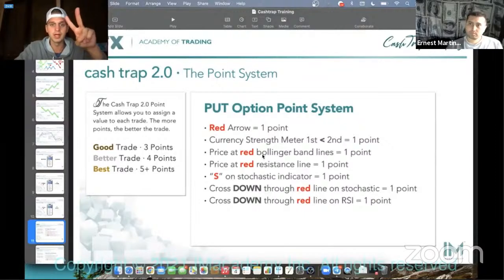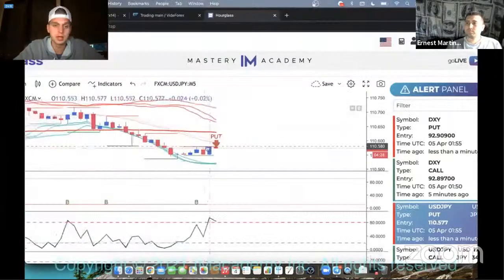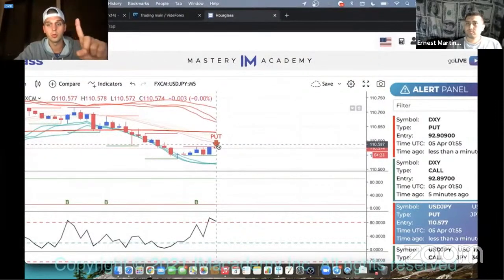Then the Bollinger Band, which I'll go over in just a second, would be a third point. If we're hitting a resistance line, that'd be a fourth point. Let me go over the first 4 points with you guys really quick. Red down arrow, automatically 1 point.